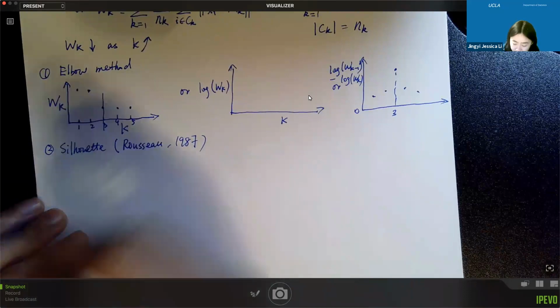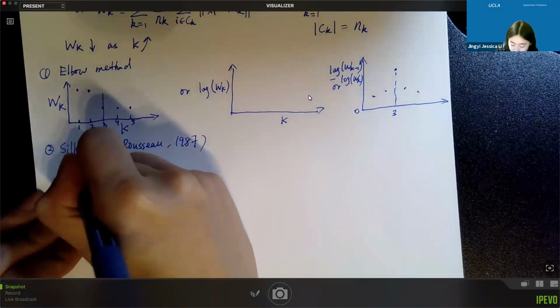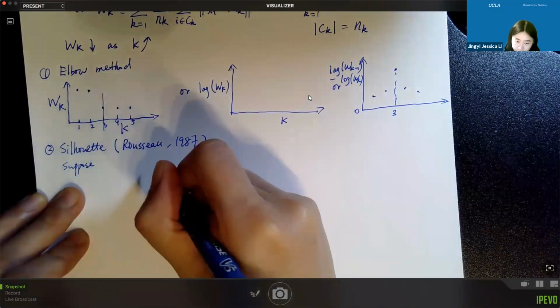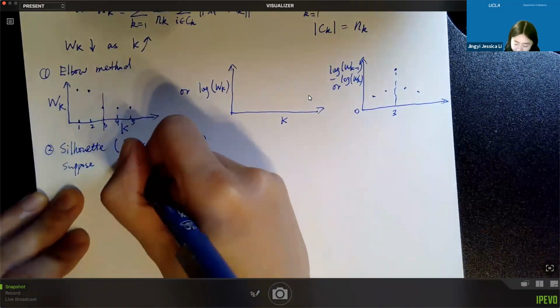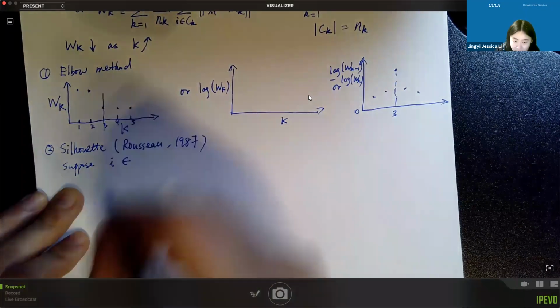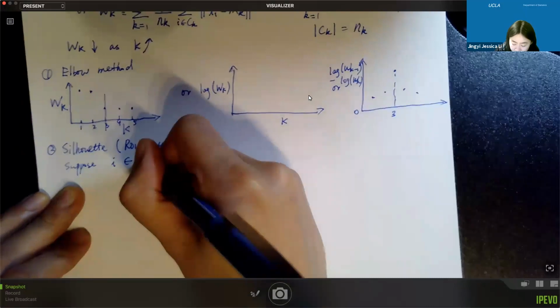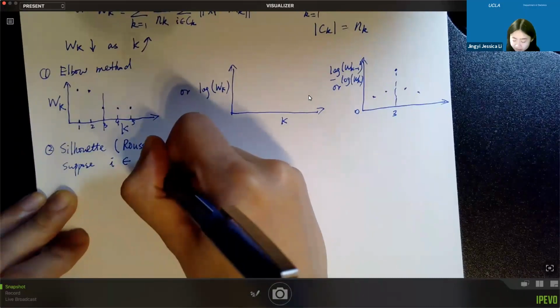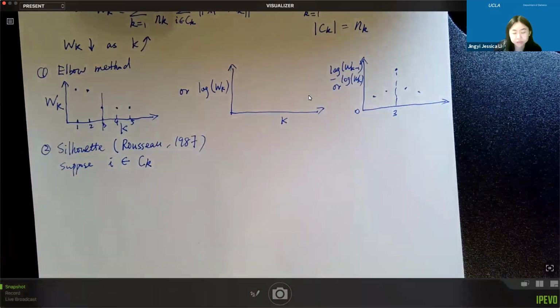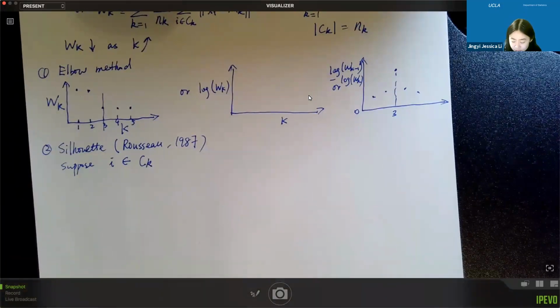Suppose we have a point I in cluster CK. I'm going to use a notation to be consistent with myself here, but it's a little different from the notes, just for your information.